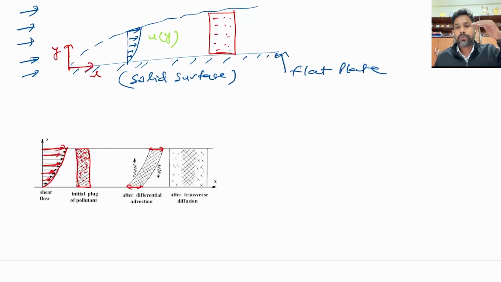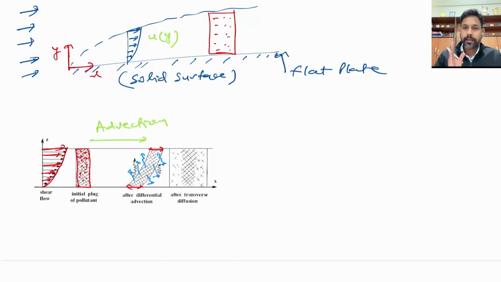So the upper layer is moving faster, the lower layer is moving slower because of the velocity gradient, and this is happening because of advection. So your whole fluid from here to here is going because of advection. So that part is advection, where contaminant is moving from one place to another, right? But once it has advected from one place to another, now there is this concentration gradient between the contaminants and ambient fluid, right?